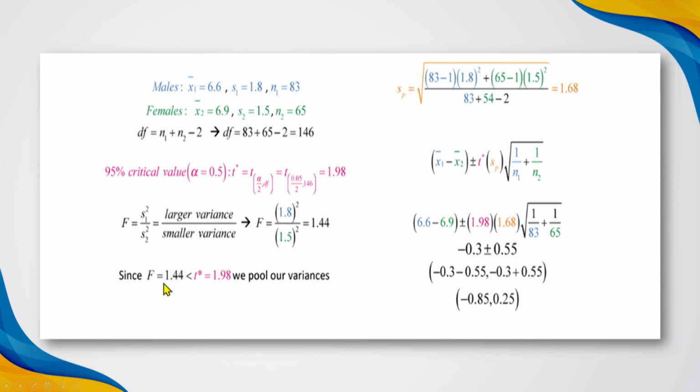Since our F value of 1.44 is less than 1.98, we can pool our variances. Then we can find SP using this formula, SP is equal to 1.68. Then, using this formula, we can construct the 95% confidence interval. It is minus 0.85 and 0.25.